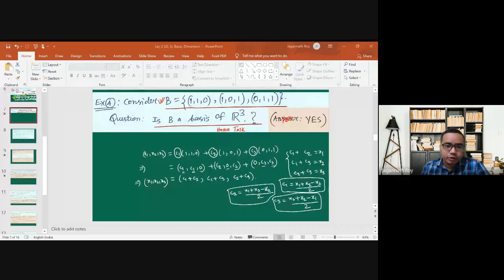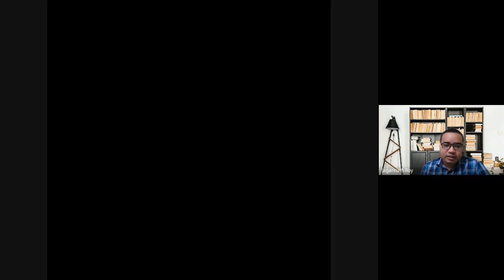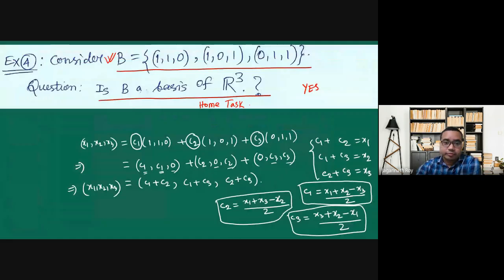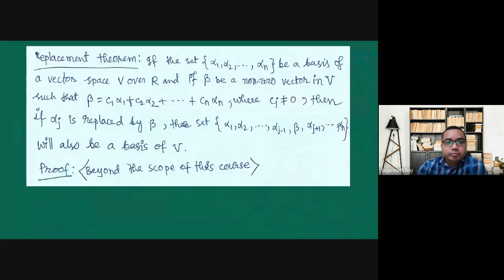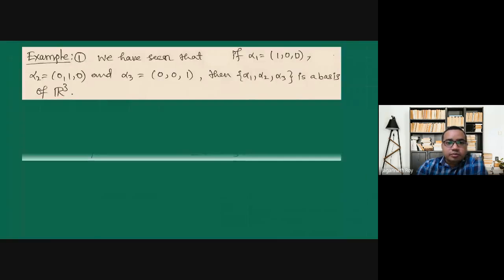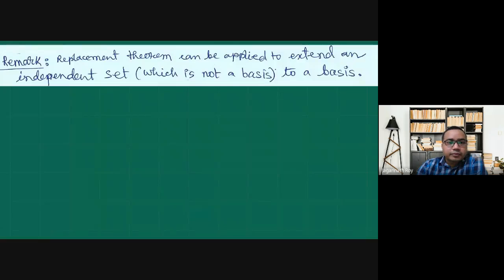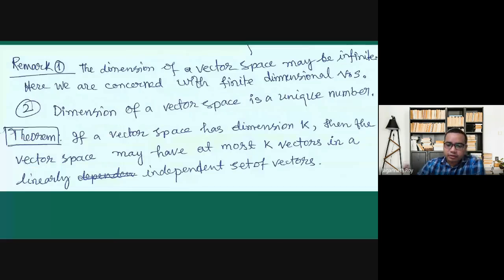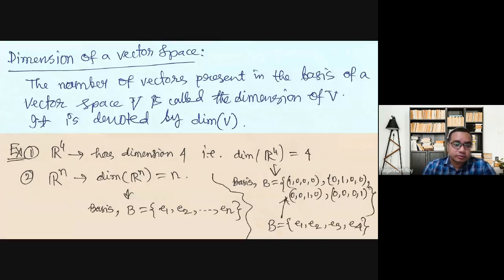Now just let me quickly tell what is the meaning of a dimension. I'll come back to this problem again. So dimension of a vector space is actually the cardinality of the basis.